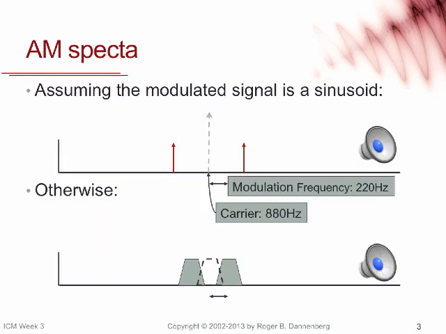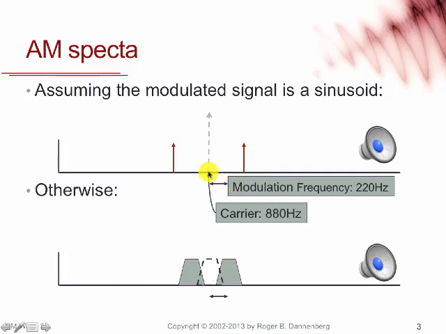Let's try to look at this with a diagram. Here, shown in the dashed line, is what we'll call the carrier frequency. Let's say the original signal is 880 hertz. We're going to modulate it with a frequency of 220 hertz.